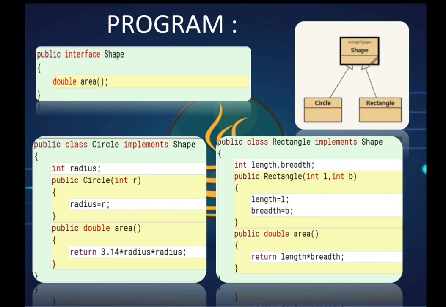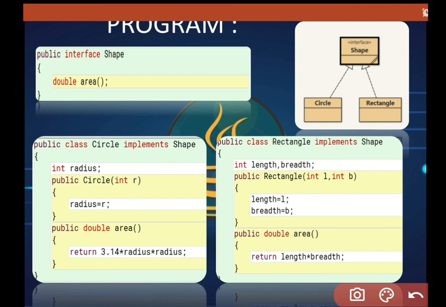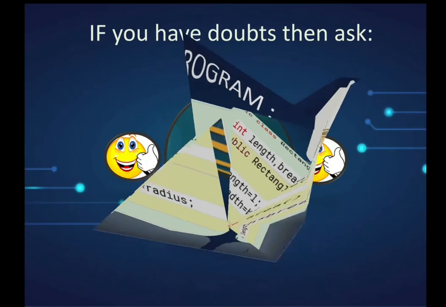Now how it looks like: shape is the interface, circle is a class, rectangle is a class. Rectangle and circle both implement shape. That's why see the dotted line you are seeing in front of you. We have a dotted line when we inherit an interface in a particular class.